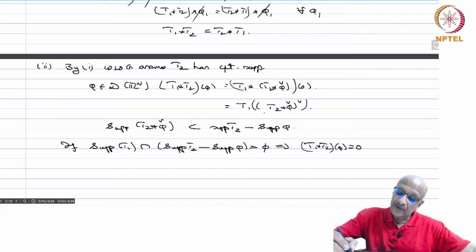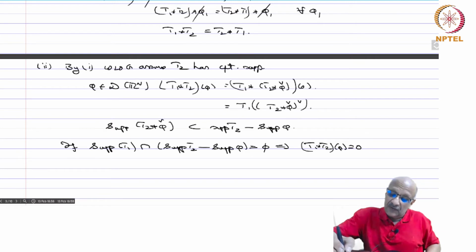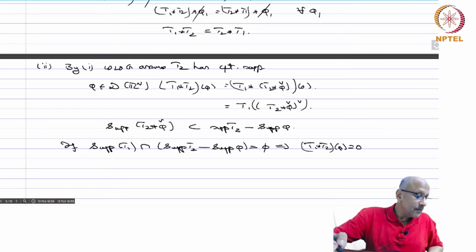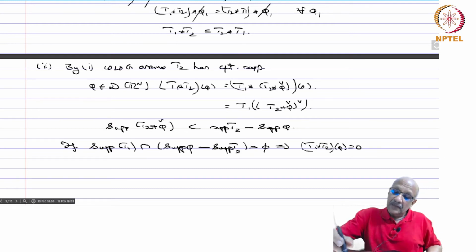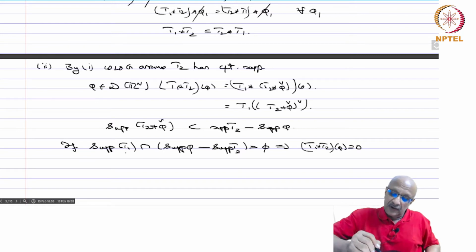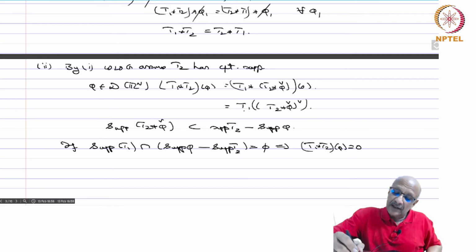So that means this will be 0 because this has a support which is the minus of this one. So we have to take the minus of that because we have a check. So support of phi minus support of T2, because that is the minus of this, which is the support of T2 star phi check, and therefore, if these two are disjoint, then this will be 0.